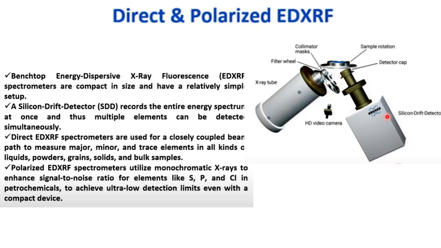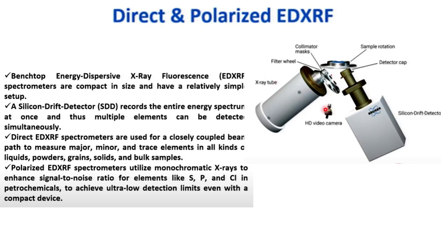And polarized EDXRF spectrometers utilize monochromatic X-ray to enhance the signal to noise ratio. So a single wavelength X-ray is used, so that the chance of getting high noise will be less, like for sulfur, phosphorus, and chlorine in petrochemicals, to achieve ultra low detection limits even with a compact device.